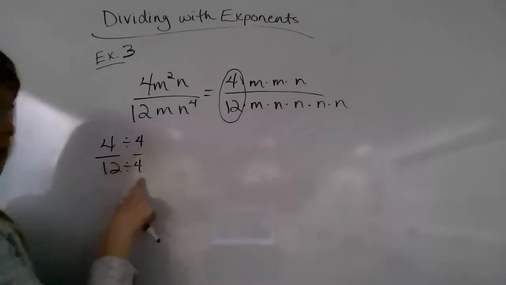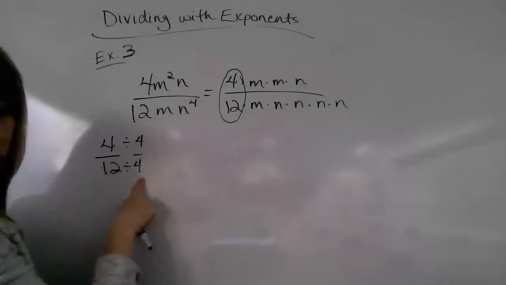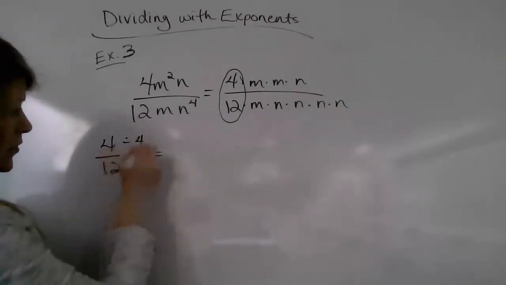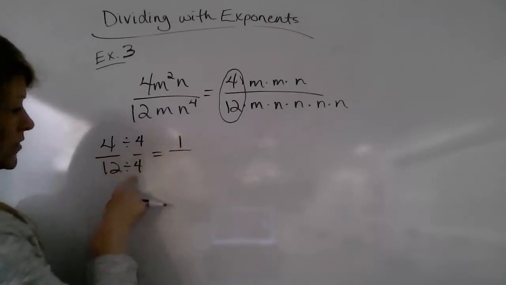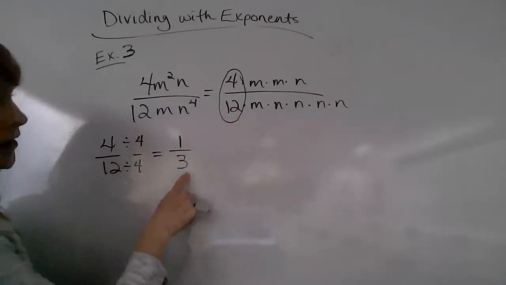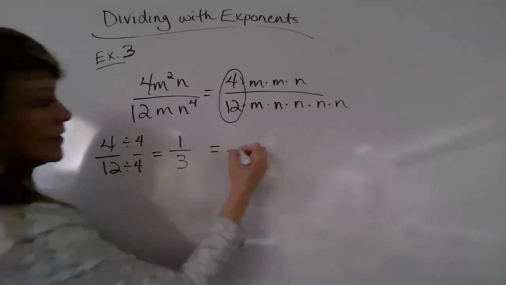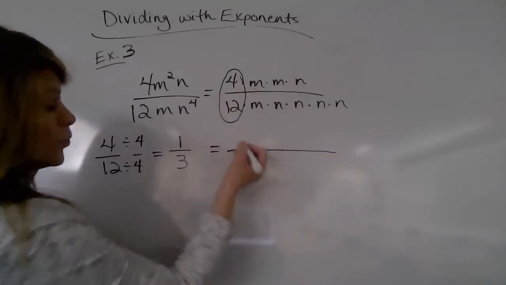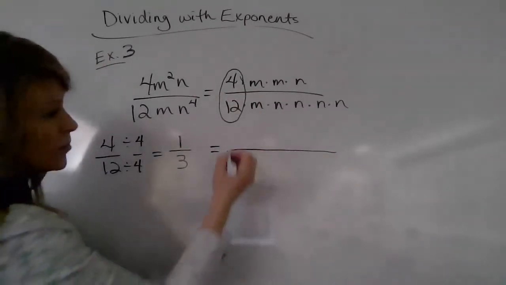We are only dividing by 1 in the form of 4 over 4, so we're not changing this value, we're just simplifying it. 4 divided by 4 is 1, 12 divided by 4 is 3. 4/12 simplifies down to 1/3. So I'm going to go ahead and put a 3 in the denominator, and we don't have to write the 1 in the numerator, but let's put it there for now.